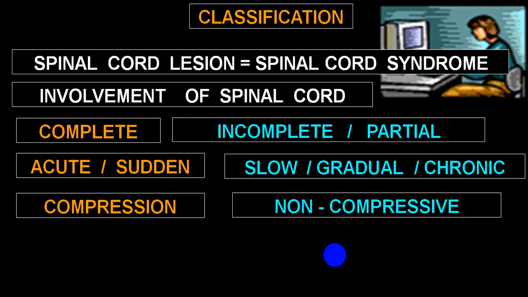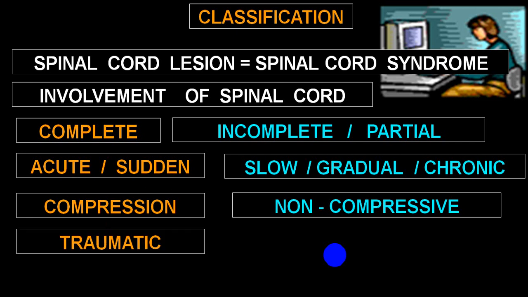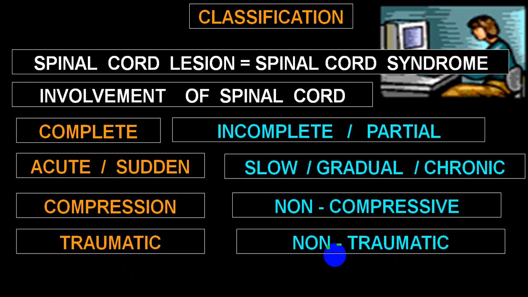Very rarely they will produce complete damage, like in transverse myelitis. Traumatic pathophysiology again can be complete or incomplete, complete transection or partial damage. Another group, non-traumatic, can be incomplete or complete.